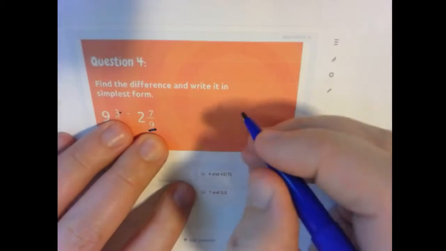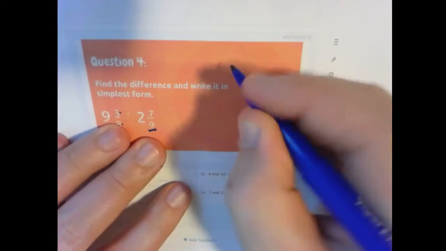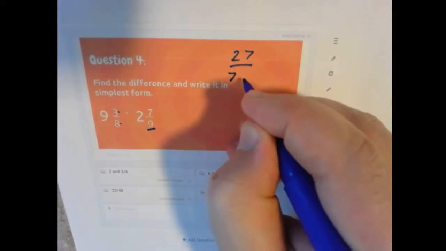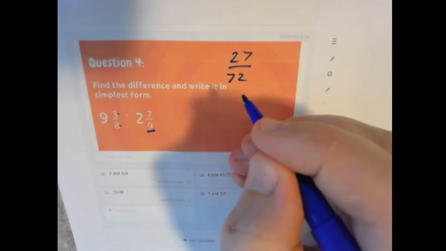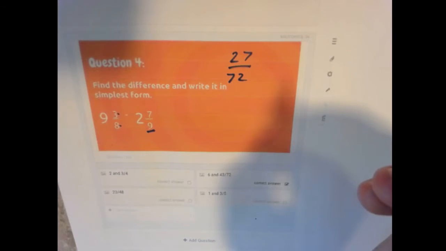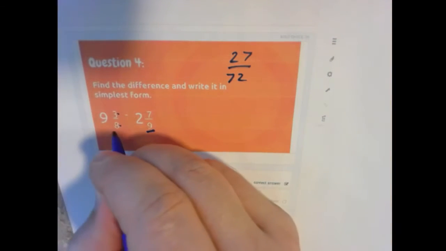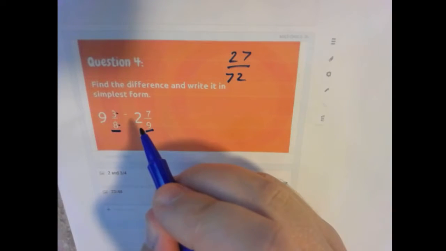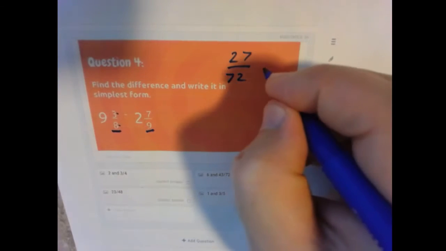So 3 times 9 is 27. 8 times 9 would be 72. Okay, now we do the other side. So we take 8 and multiply it over here. So 8 times 7 would be 56.